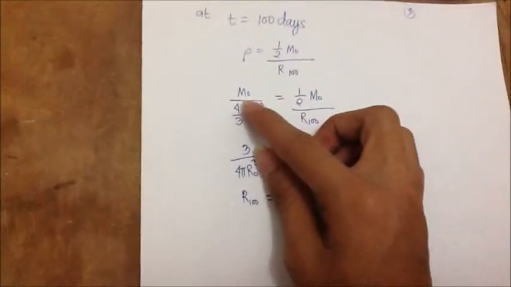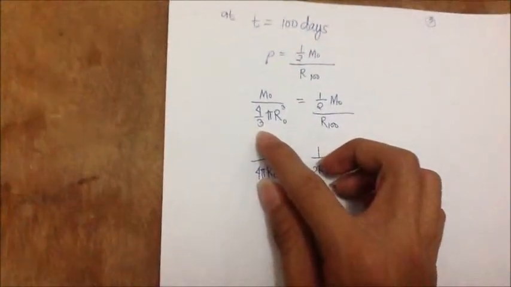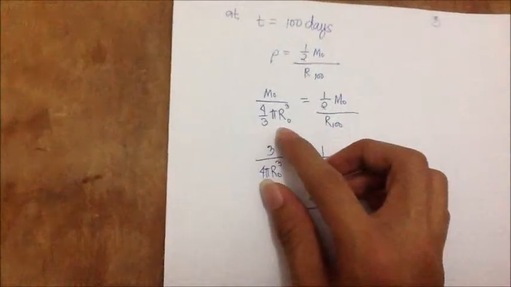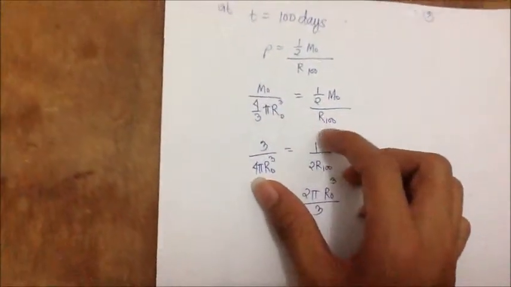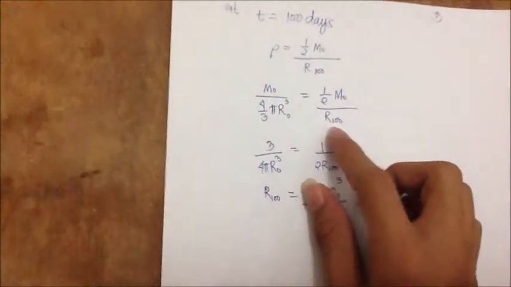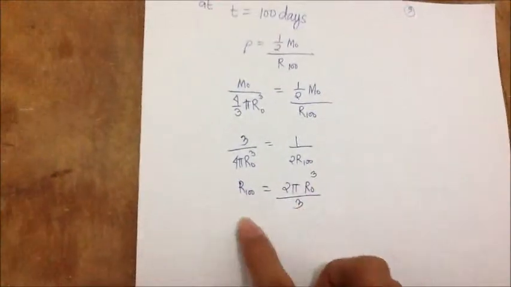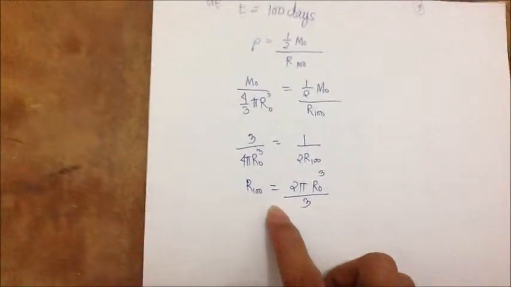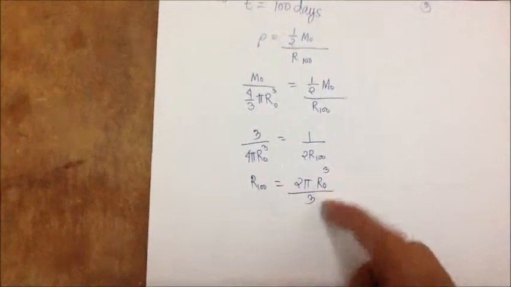So initial mass over 4 pi over 3 r initial cubed is equal to one half m initial over r at 100 days. Simplifying, we get r at 100 days equal to 2 pi r initial cubed over 3.